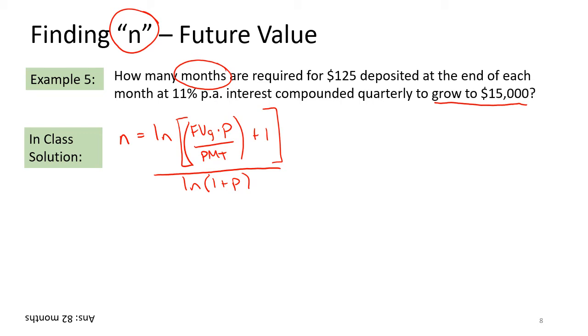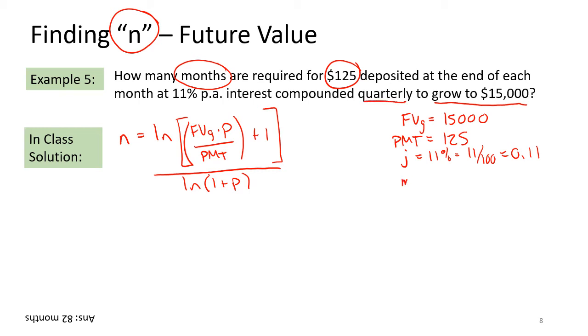The variables we know are the future value given in the question, 15,000, and our payments, also given, 125. Our nominal interest rate, 11%, is equal to 11 divided by 100, which is 0.11. It's compounded quarterly, so m is 4. That means our periodic interest rate I, which is j divided by m, is 0.11 divided by 4, or 0.0275.